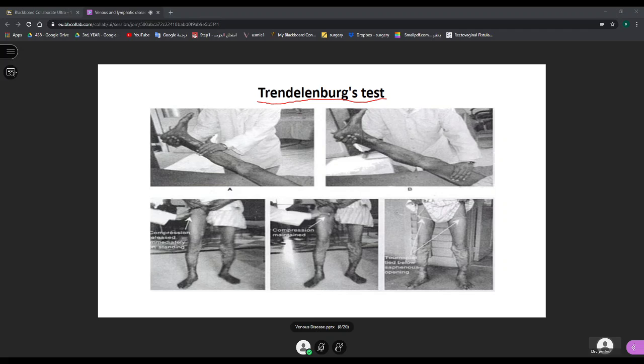So the Trendelenburg test is the physical test which will enable you to identify where the incompetent perforators are, which result in varicose veins. So this is just giving you an idea about the test, and perhaps if you find the chance, we will do it practically to show you how it helps you to identify the incompetent perforators.